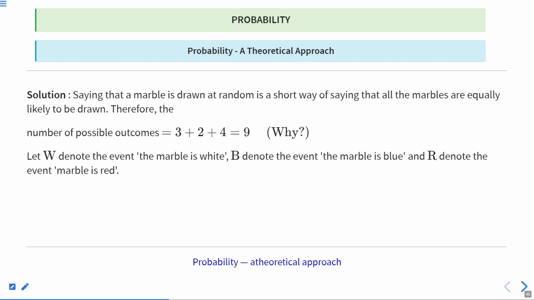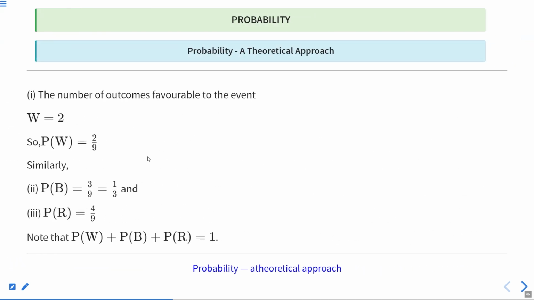Now the number of outcomes favorable to event W is 2, and so the probability of W is 2 by 9. Similarly, the probability of B, that is the probability of getting a blue marble, since there are 3 blue marbles in the box, the total number of outcomes is 9 and the number of outcomes favorable to the event B is 3, so therefore the probability of B is equal to 3 by 9, that is equal to 1 by 3.